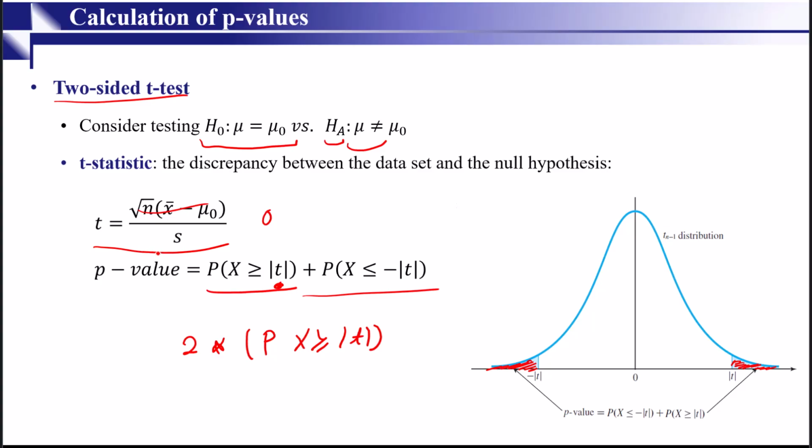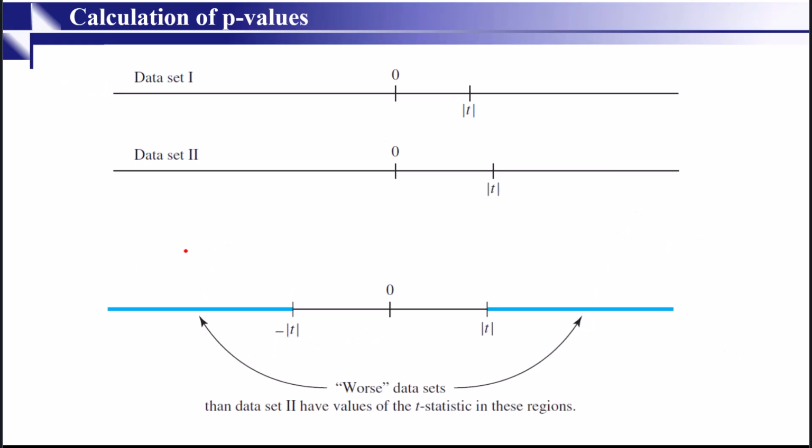This measures how far our sample mean is from the null hypothesis mean. We compare the t-value to a t-distribution to find the p-value. For a two-sided t-test, we define rejection and acceptance regions based on t-statistics. If the absolute value of the t-statistic exceeds the critical value, then we reject the null hypothesis. If it is less than or equal to this value, we fail to reject the null hypothesis.